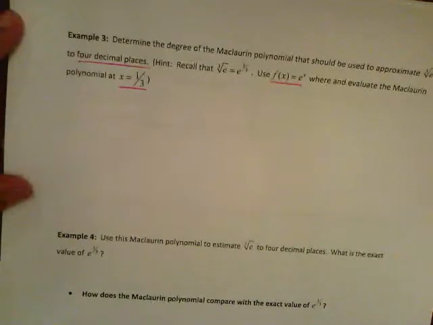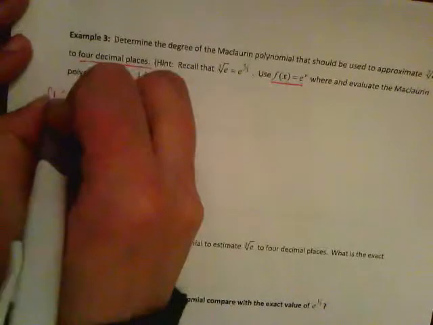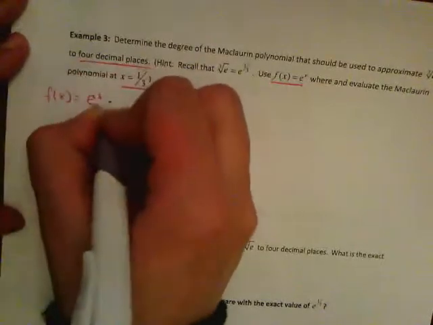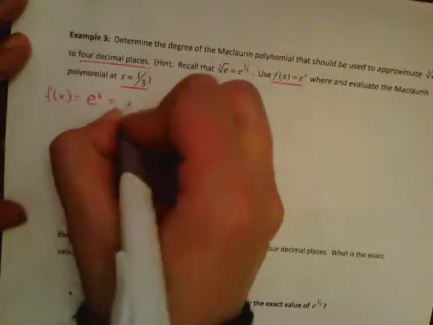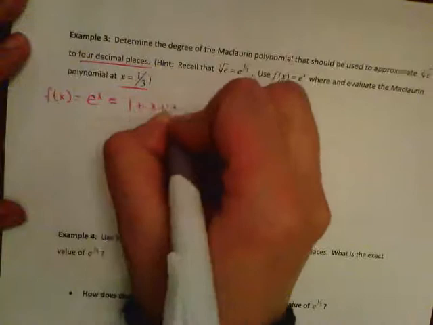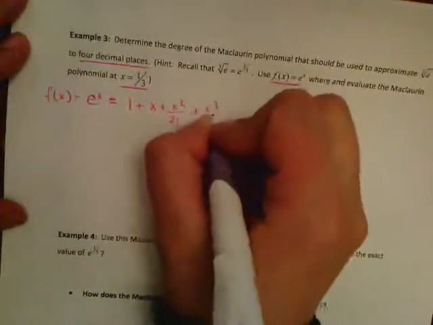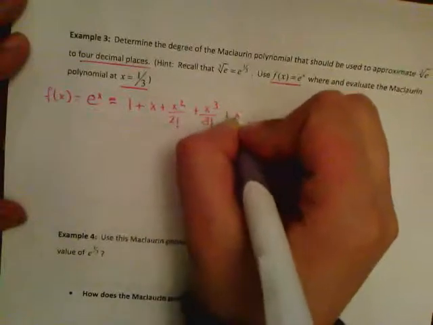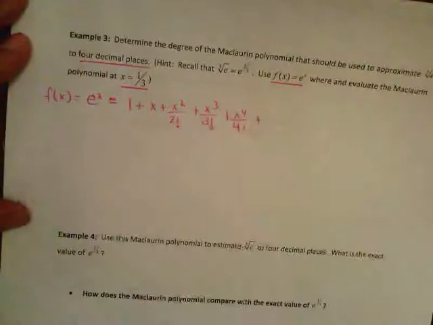Alright, so basically the idea is that we're going to use f of x equals e to the x, which we know the Maclaurin polynomial of this is 1 plus x plus x squared over 2 factorial plus x cubed over 3 factorial plus x fourth over 4 factorial, and so on and so on.